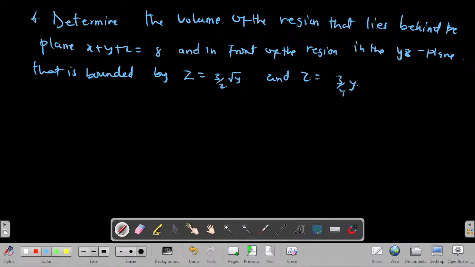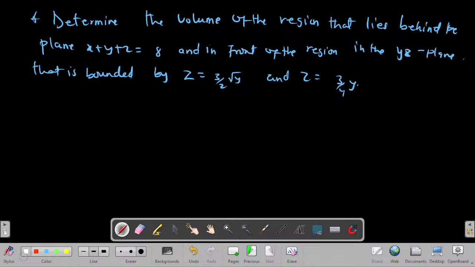You say determine the volume of the region that lies beneath the plane x plus y plus z equal to 8, and in front of the region in the yz plane that is bounded by z equal to 3 over 2 square root of y and z equal to 3 over 4 multiplying y.